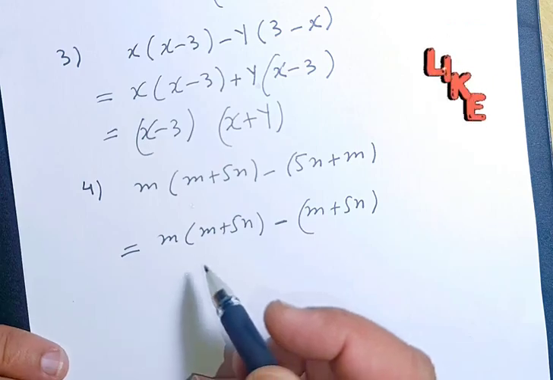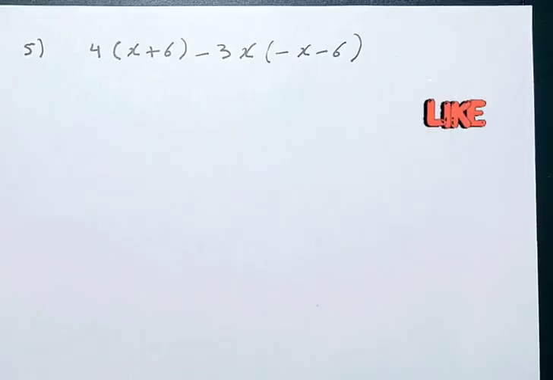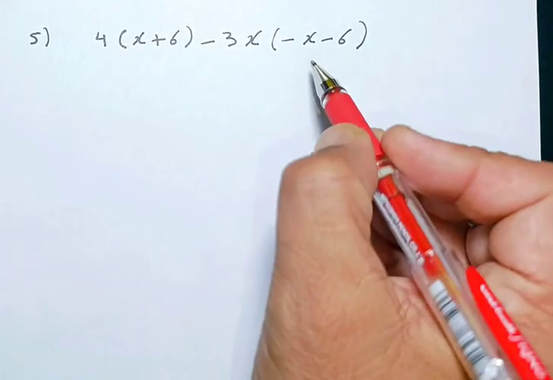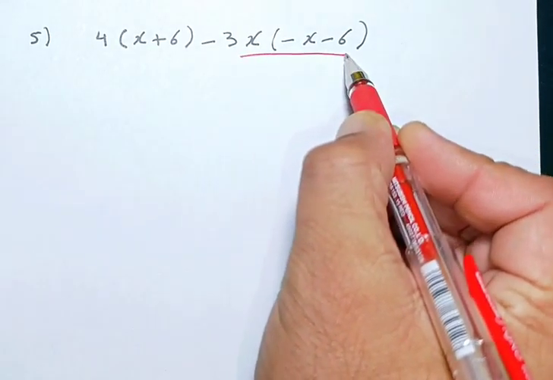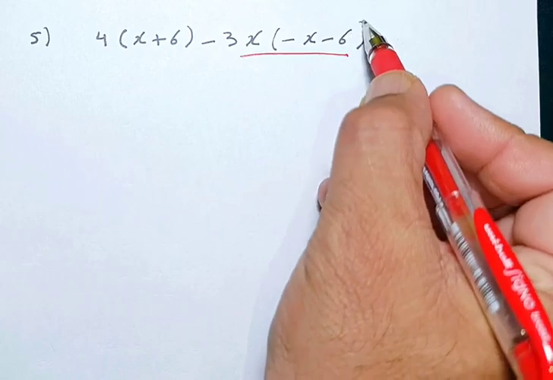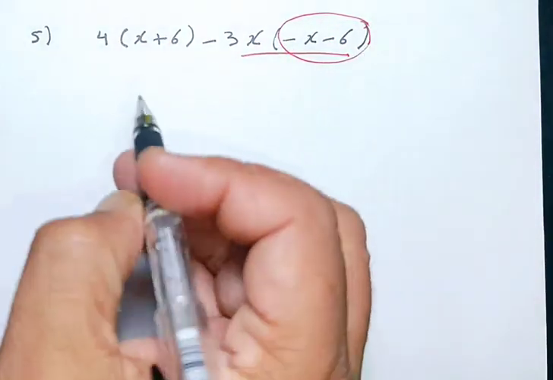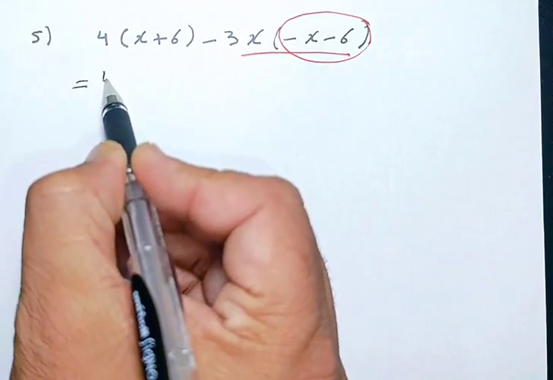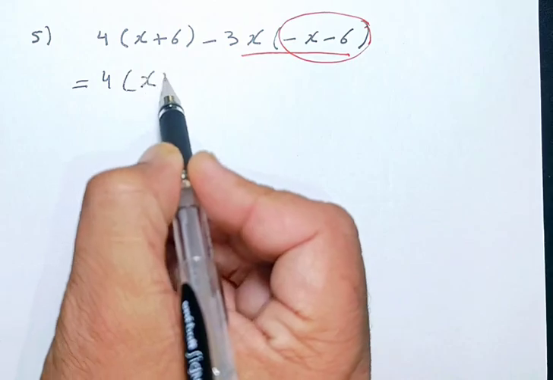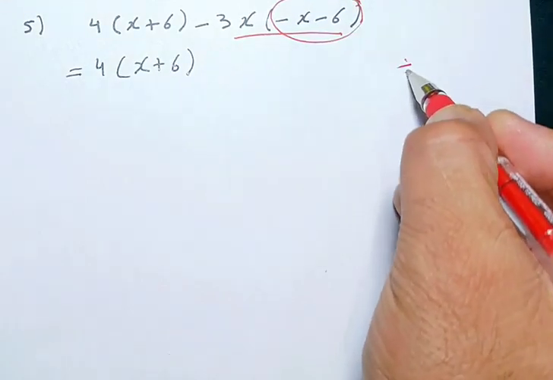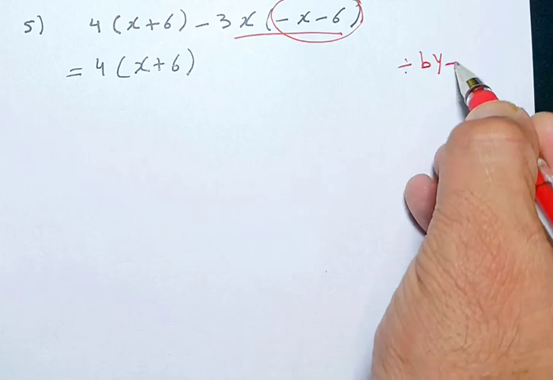I will show you another example. So I have to change now the second expression, because I have to make like term, like the x plus 6. So 4, x plus 6 I leave as is. So the second expression I'm going to divide by negative 1.